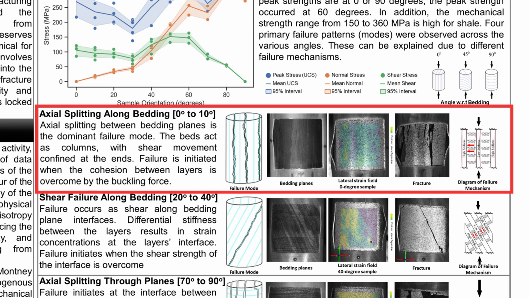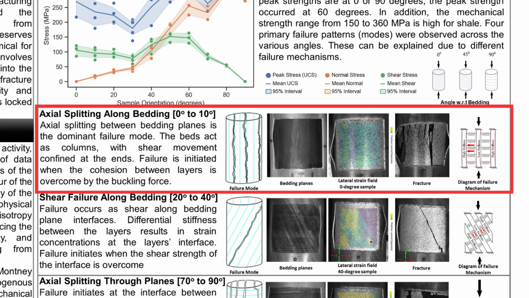The beds can be thought of as acting as columns, where the shear movement of these columns is confined at each end. If we take a look at the DIC data, we can see that there is a concentration of lateral strain in relatively darker layers, which are considered to be less stiff, compared to the relatively lighter layers, which are considered to be stiffer.